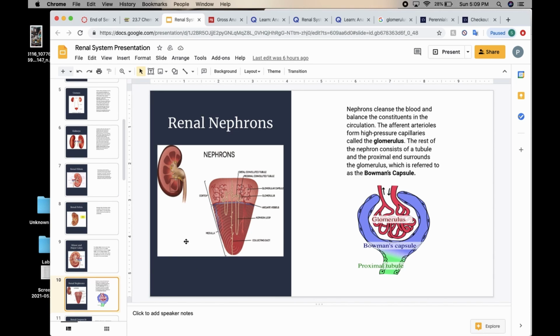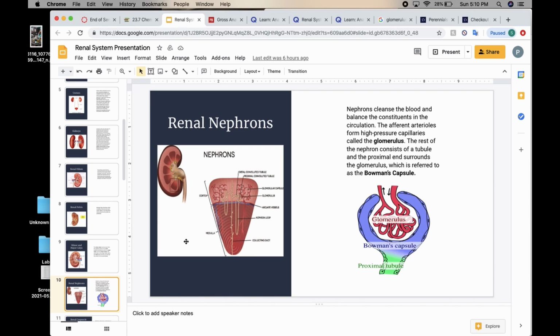Now, the renal nephrons, which is a more microscopic structure. The nephrons cleanse the blood and balance the constituents in the circulation. The afferent arterioles form high-pressure capillaries called the glomerulus, and the remainder of the nephron consists of a tubule, which is the proximal, and surrounding the glomerulus goes by the Bowman's capsule.